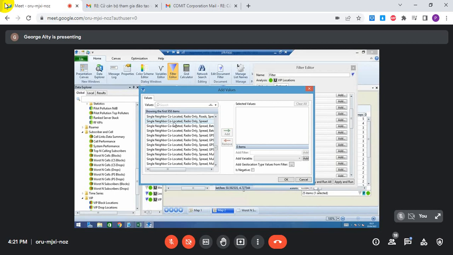So we could have a single neighbor, but not co-located. All these would give different weight into the geolocation and improve the geolocation process. So when we have the most information, we've got lots in the active set, we've got all sorts of other information. With LTE, timing advance is applicable. How often we get measurement reports, that's how the geolocation will be improved.